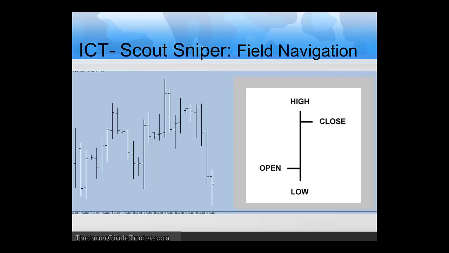Now look at the example for a moment to the left. Notice how many, again, this is a daily chart of the euro. Notice how many times the open is at the opposite extreme of the daily bar from where the close is.